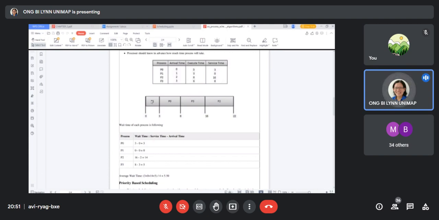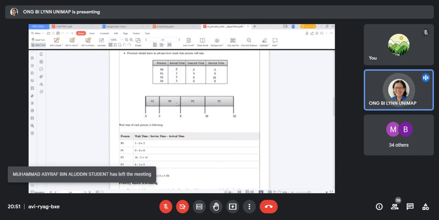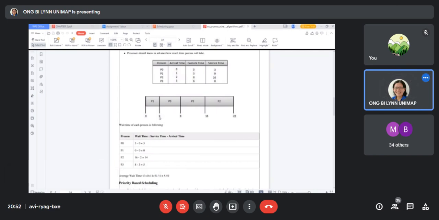So this should be P0, this should be P1, this should be 5 seconds. So 5 minus 0 equals 5. Then 8 minus 5 equals 3. The rest, 16 minus 2 equals 14, and 8 minus 3 equals 5, is correct.